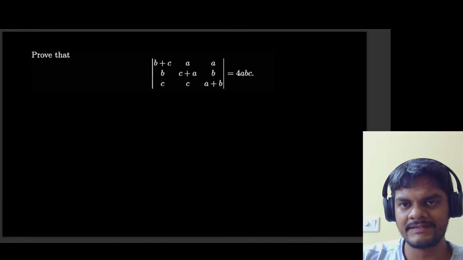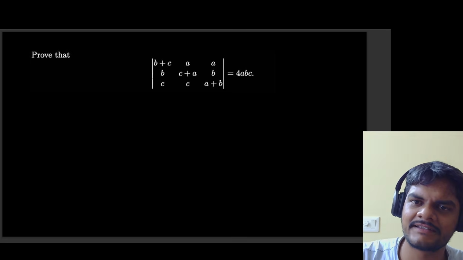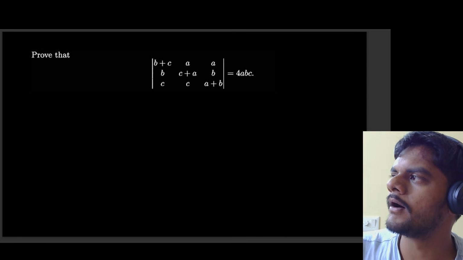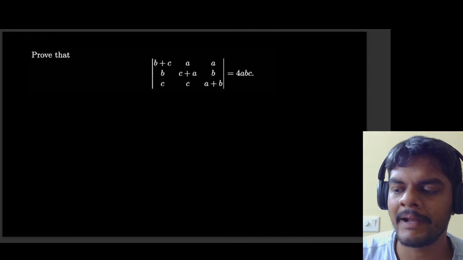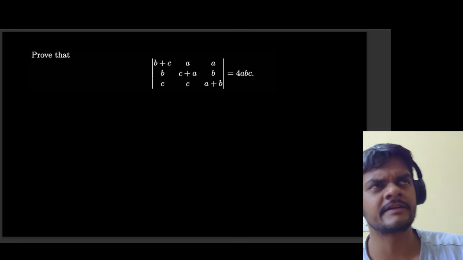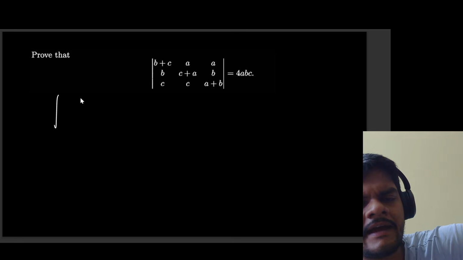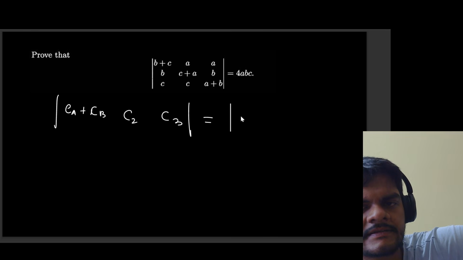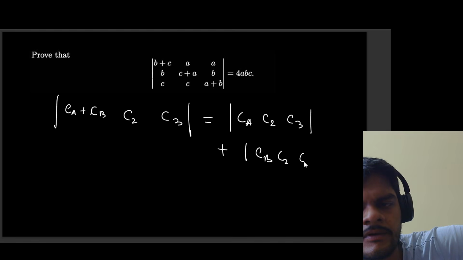Now prove that this matrix value, how do you calculate this matrix value? So in this question, I'm going to use another property of determinants. That is, if you have a column written as column A plus column B, and you have column 2 and column 3, then this can be written as the determinant with column A, column 2, column 3, plus the determinant of column B, column 2, column 3.